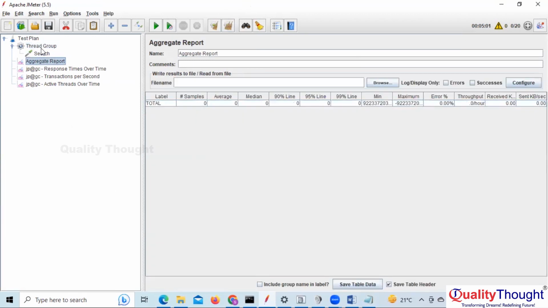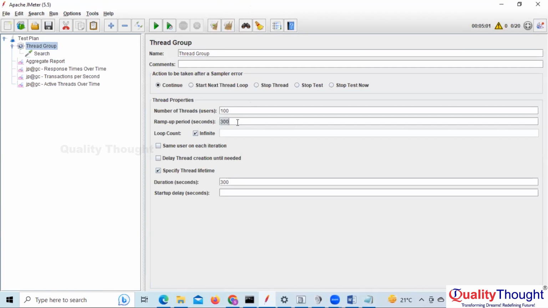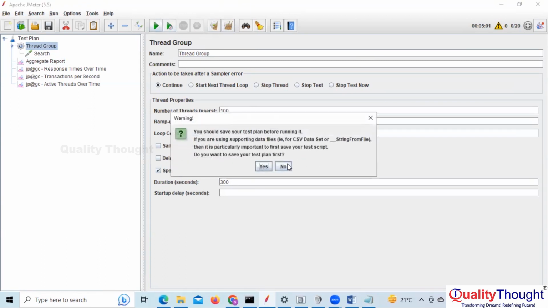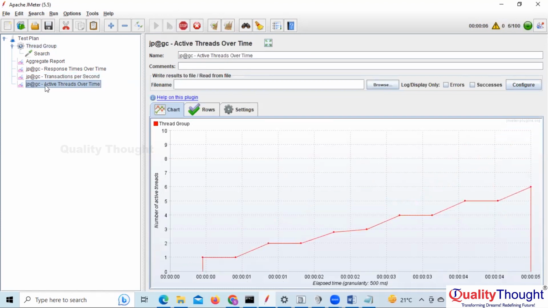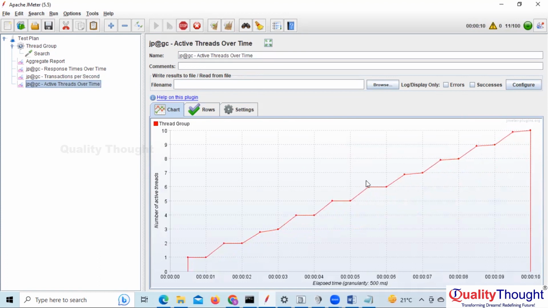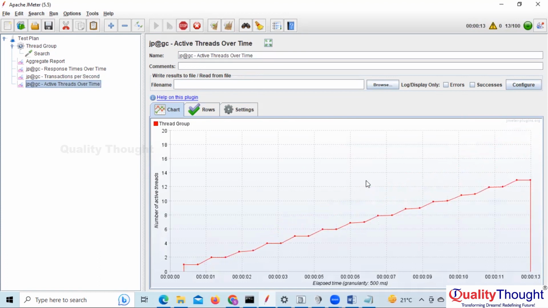You don't need to give the ramp up as 300 also. For now, you can give 100. Let us run this test now. See how the users are increasing.